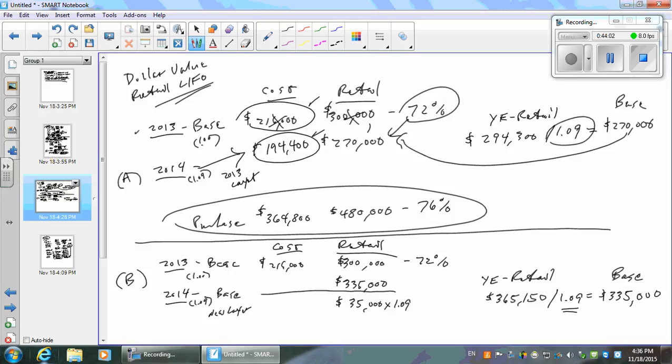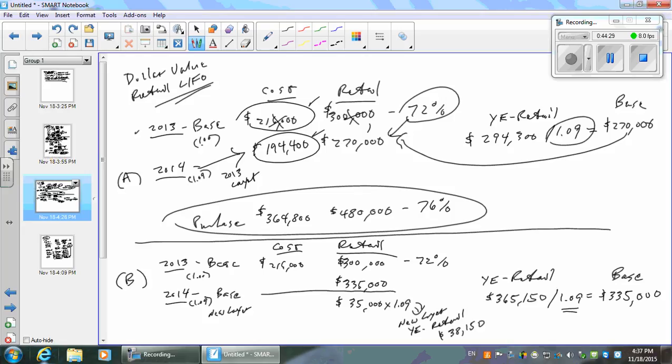1.09. And what this is going to give me is my new layer at year-end prices. New layer, year-end retail. How much is that? $35,000 times 1.09 is 38,150.